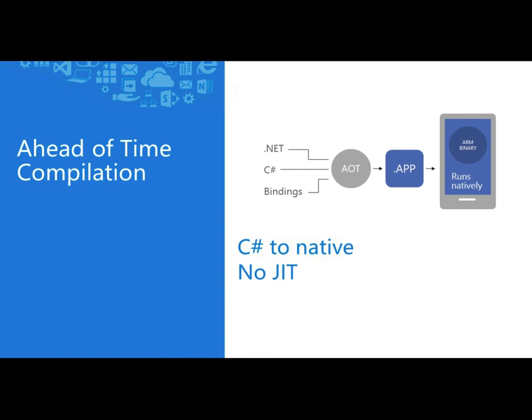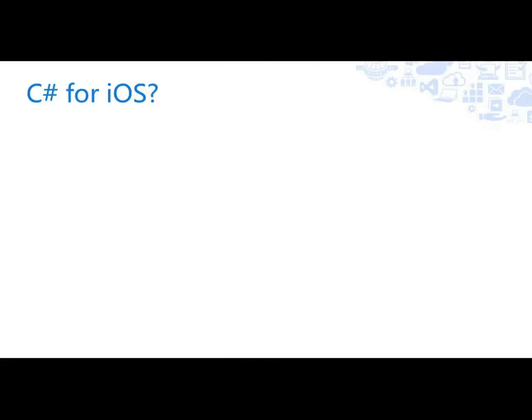So you can submit this to the iOS App Store and reach all the end users. So the Mono guys saw that games on Unity can now run on iOS. Why not general C# applications, right?